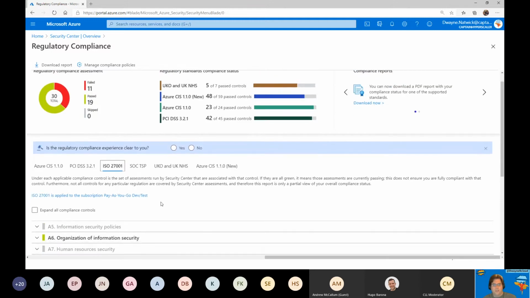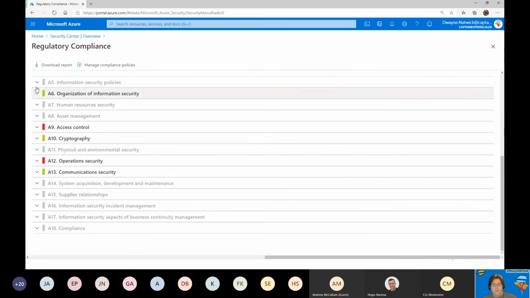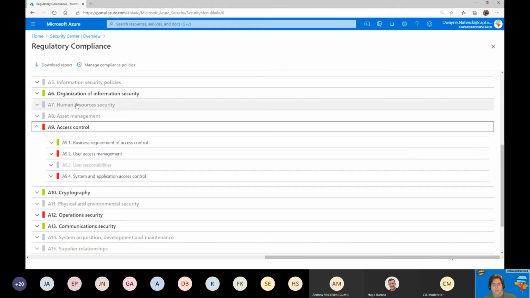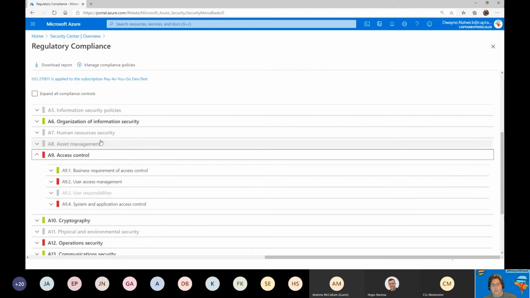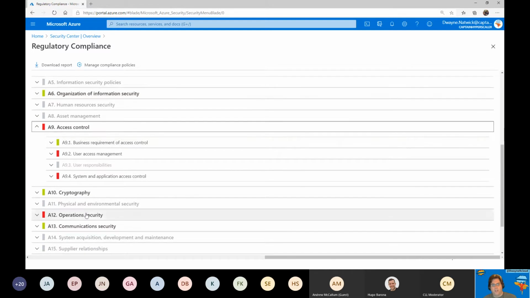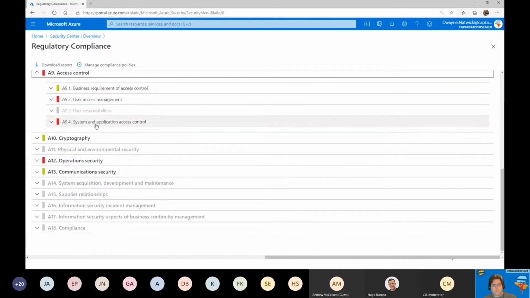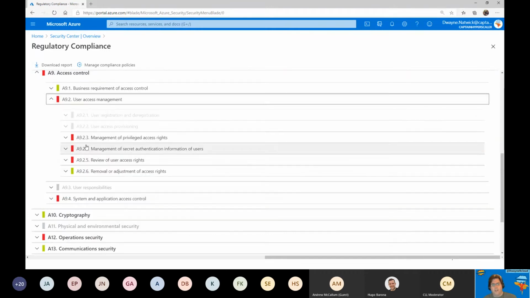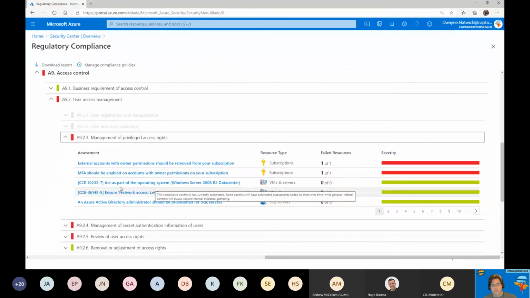All of these audit based on the different areas within the criteria for those standards. What's grayed out is where I don't have any services, but you can drill down on what's red and find out where you're having issues, where you have red or yellow from a severity standpoint, and what you might need to rectify.